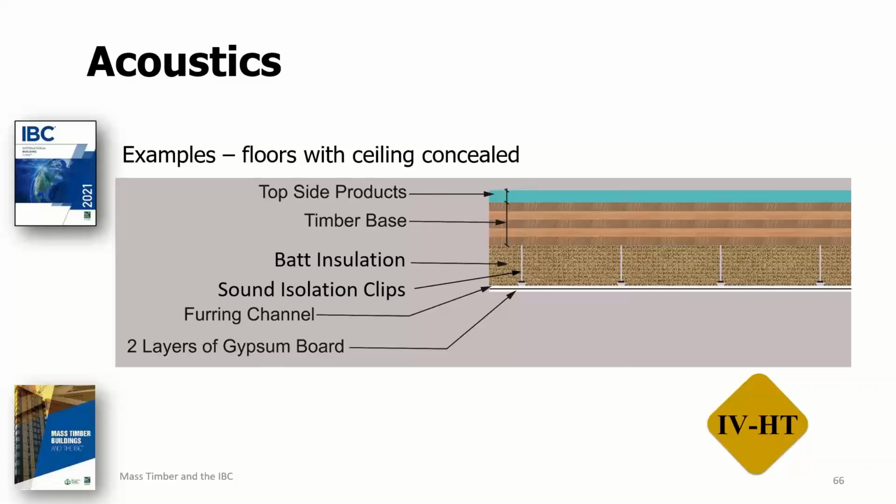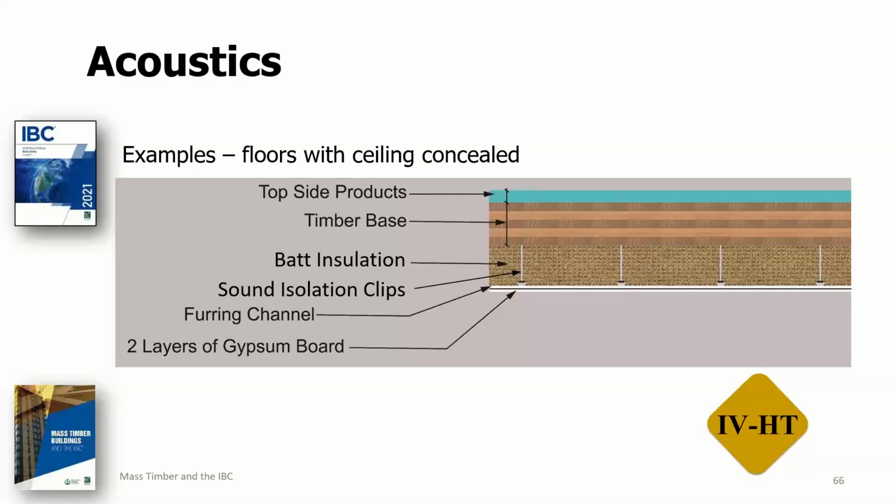Although this conceals the mass timber panel from view on the ceiling, most of the mass timber surfaces in Type 4B and all of the mass timber surfaces in Type 4A for that matter are required to be protected with non-combustible protection anyway. And then also the spaces between the resilient channels or clips in such a system serve as a convenient location through which you can run mechanical, electrical, and plumbing services.